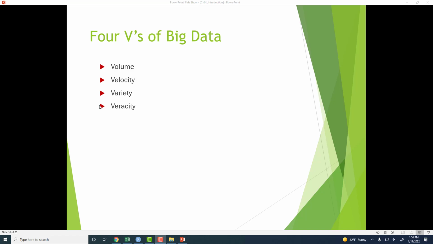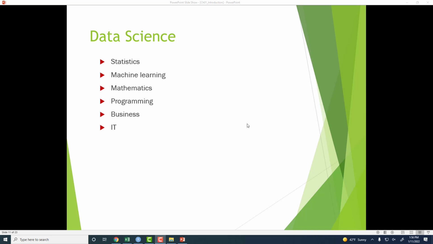And then there are many different types of data coming in, so that's your variety. And many of them have varying degrees of accuracy. Okay, some data is quite accurate, and some data may not be very accurate. So you have to deal with all of these 4 V's in big data. Okay, all right.